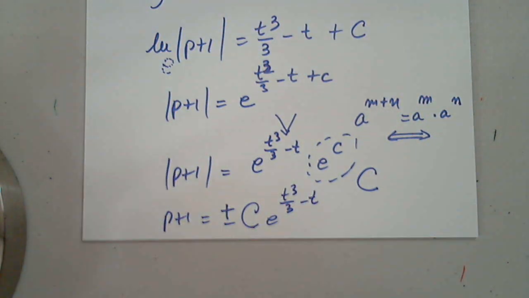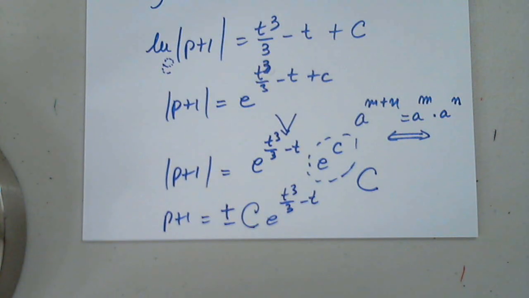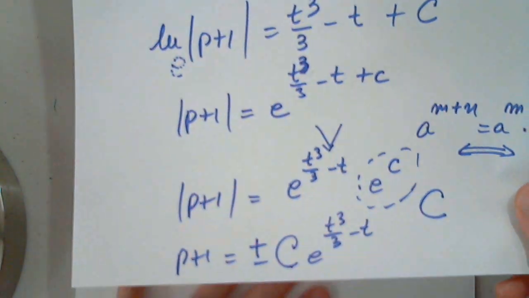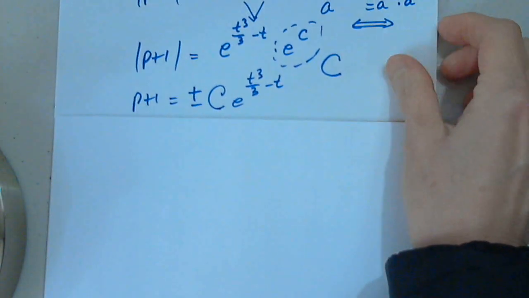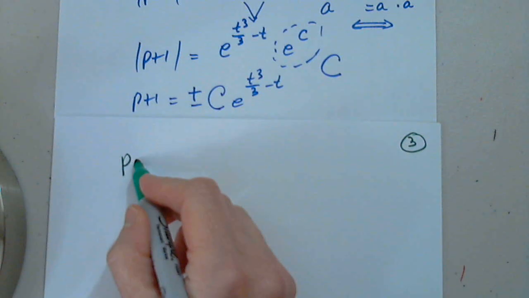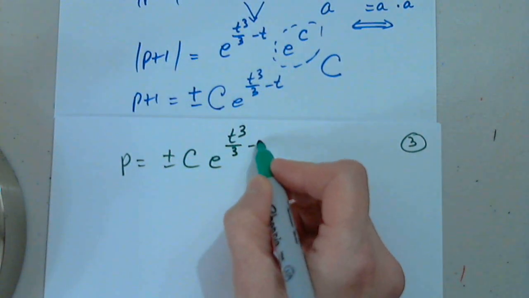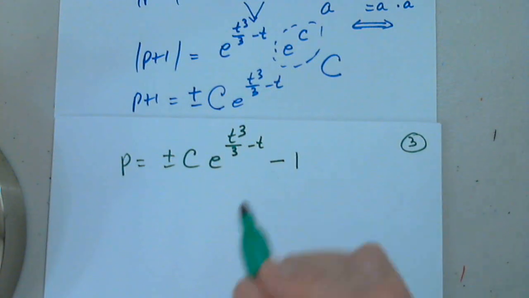t. I want to make sure that this is not confusing anybody. Okay, good. So then I subtract 1 from both sides to get the final answer. So then p equals plus or minus c, e to t to the third over 3 minus t, and then minus 1.